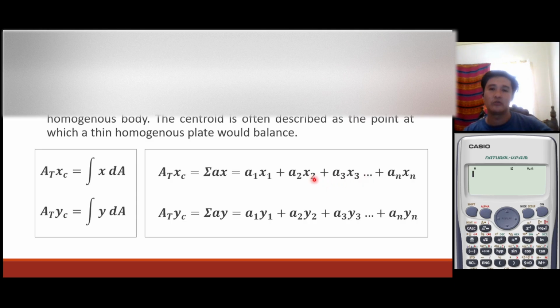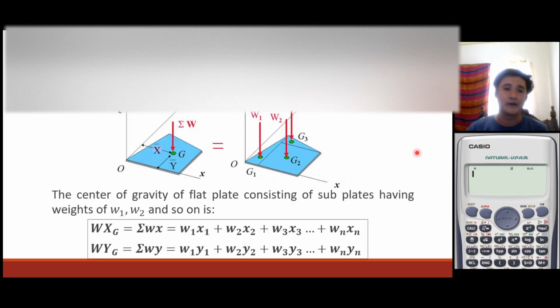Okay? So if your total area is composed of different basic shapes, kukunin niyo yung area 1 tapos yung distance ng centroid niya from the same reference point. Tapos yung area 2 naman tapos yung x distance ng centroid niya from that very same reference point, and so on and so forth. Mamaya madi-discuss natin yung equation na to. Pero I think alam niyo na to kaya kaya nyo nang maghanap ng centroid ng area.